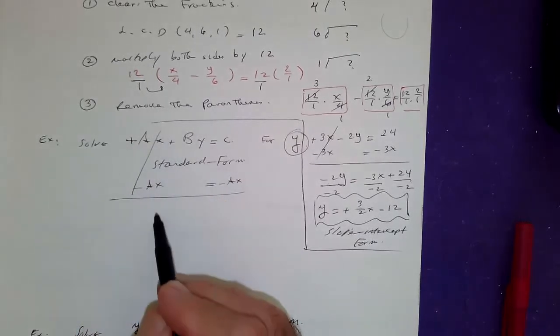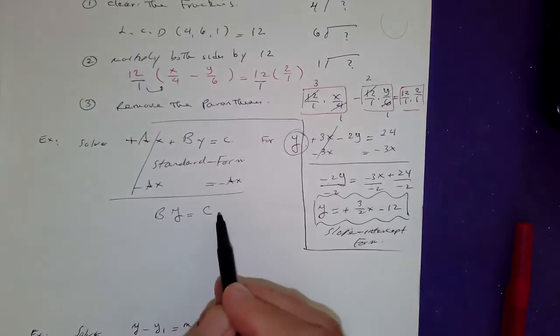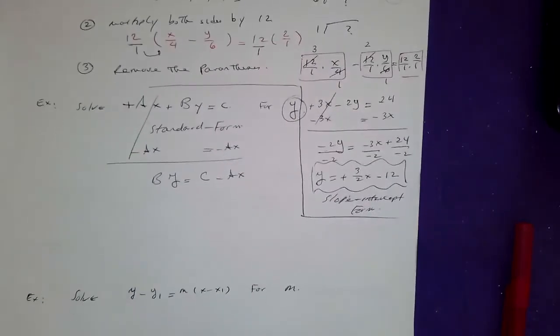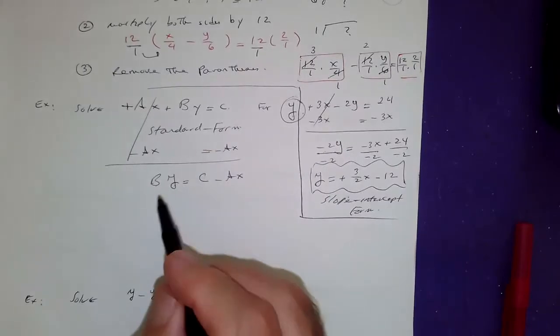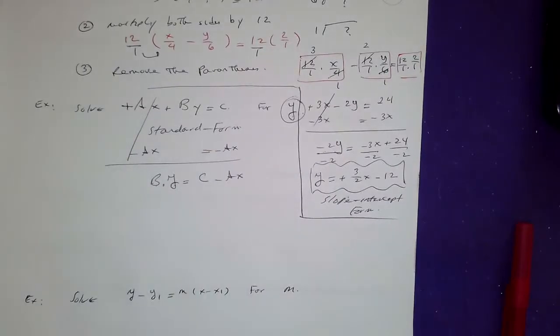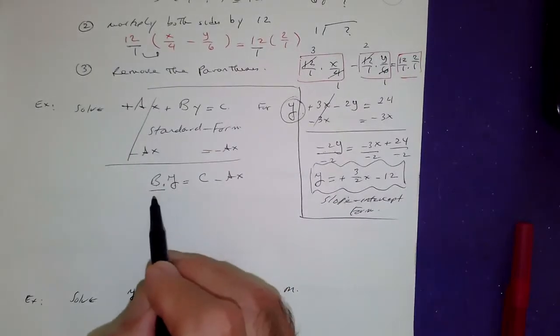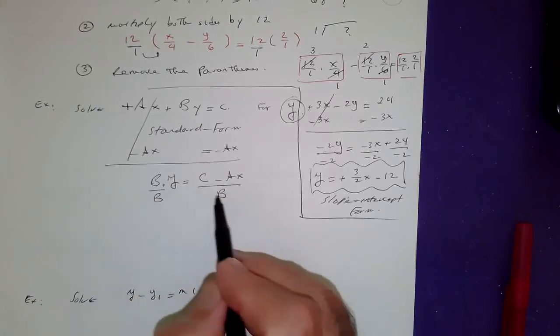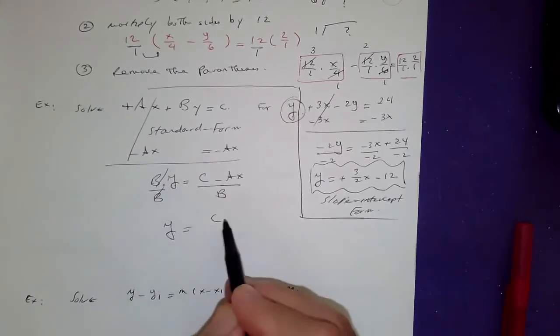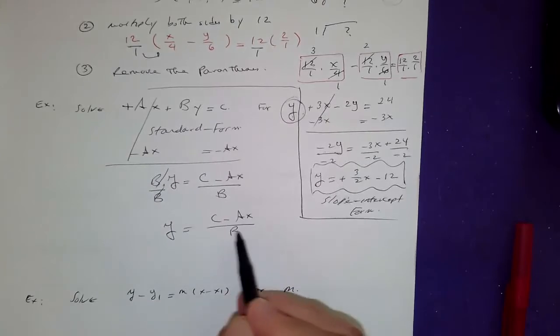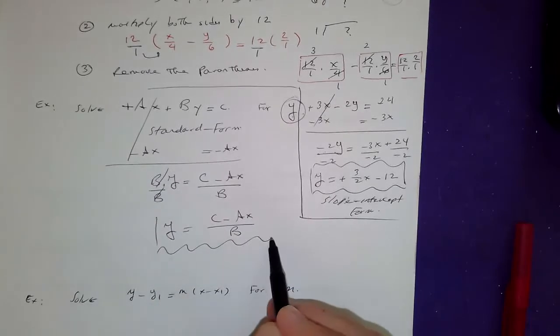So these cancel, and you get by is equal to c minus ax. Keep in mind, you were asked to solve for 1y, not b times y, so that's times. Opposite of multiplication is division, so you divide both sides by b. So the b's cancel, so y is equal to c minus ax over b, end of the problem.